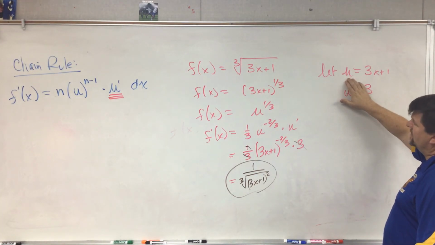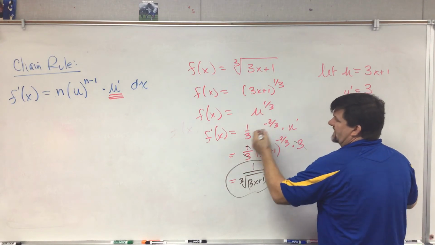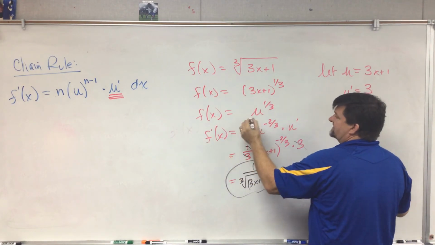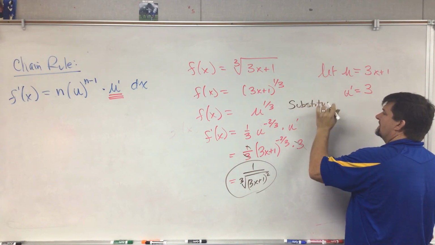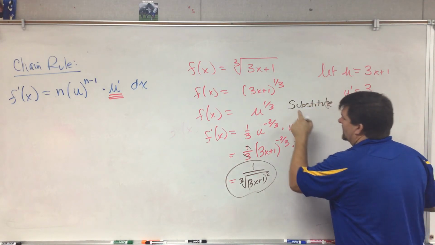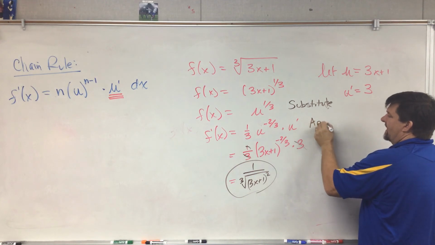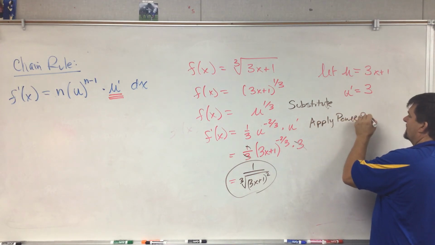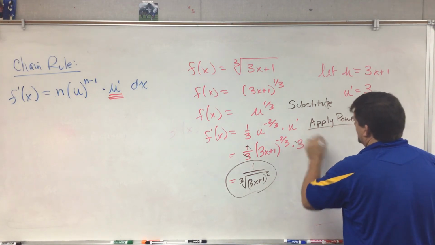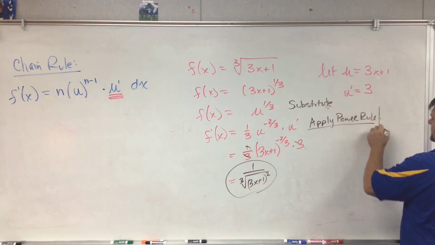is letting that equal u. Once you get here, we substitute. And then once we substitute, we apply the power rule and chain rule.